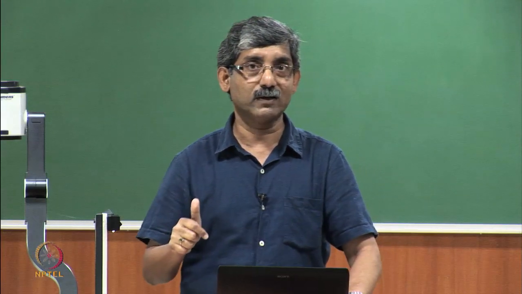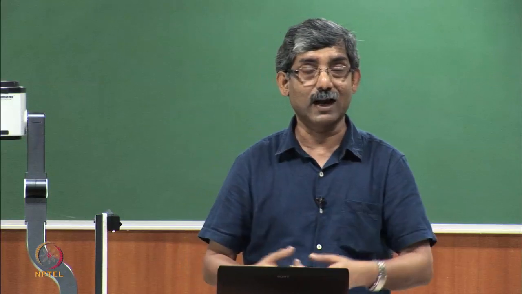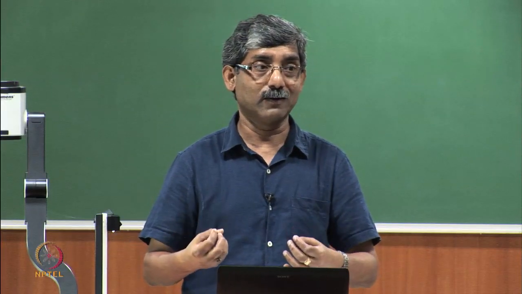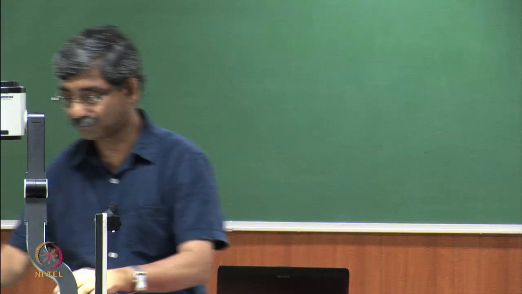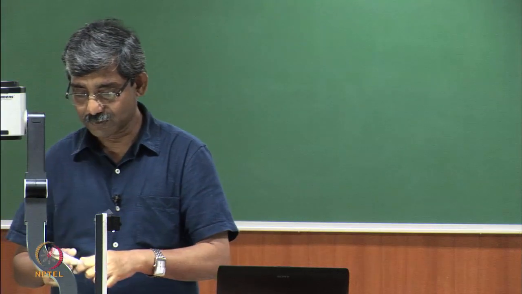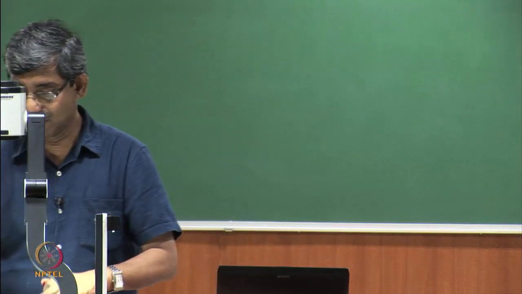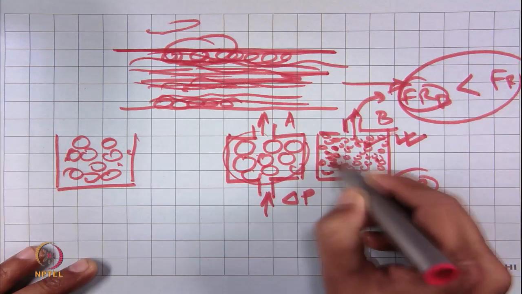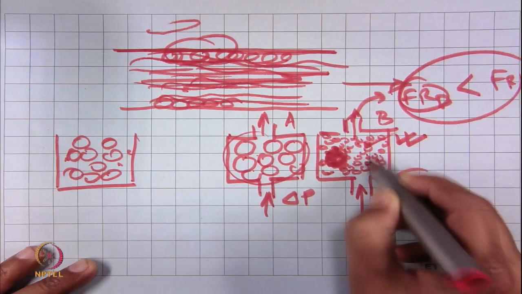So, it is very important that in the air flow instrument we have to maintain the mass carefully, and we have to open the fiber. Another thing is that we have to open the fiber thoroughly. If we do not open the fiber thoroughly, suppose here there is a cluster of fiber.